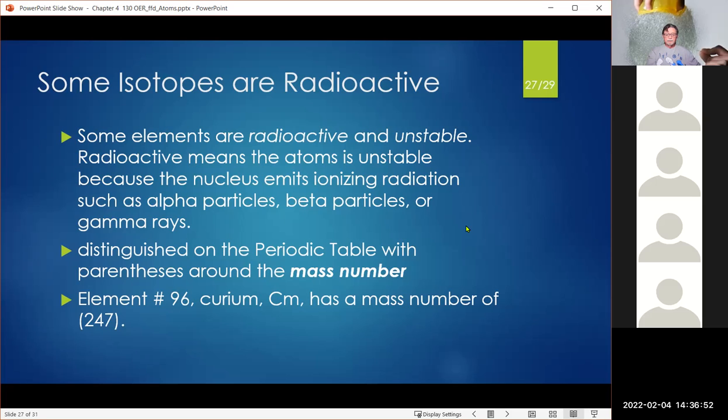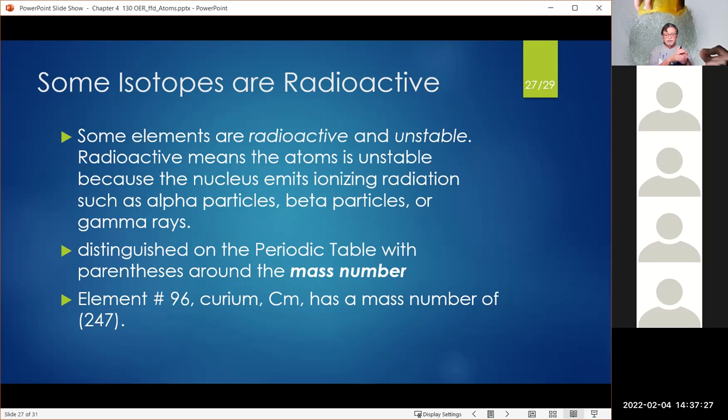We'll find on the periodic table the ones with parentheses, like curium 247. That's just telling you that it's pretty unstable and therefore you can't really get an accurate measurement with respect to finding all the isotopes and the percent concentration and coming up with the atomic weight. So anything that is in parentheses with respect to atomic weights is radioactive and breaks apart.